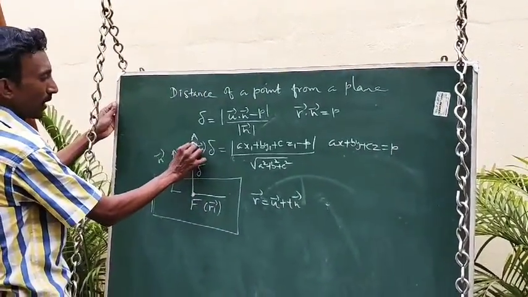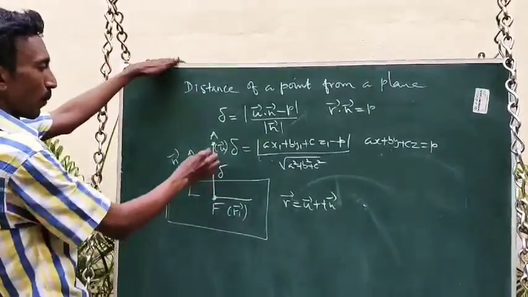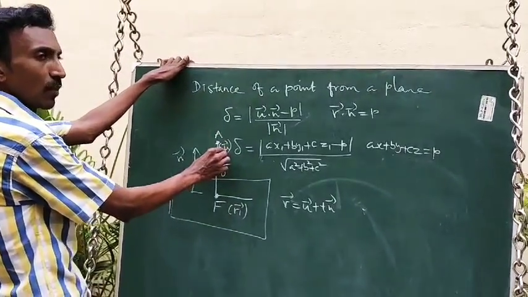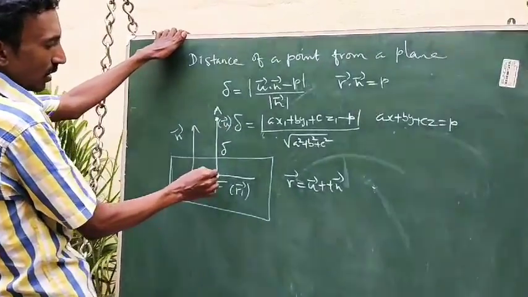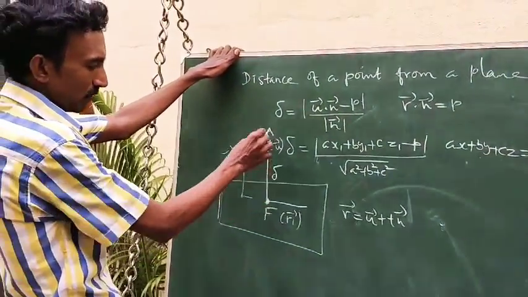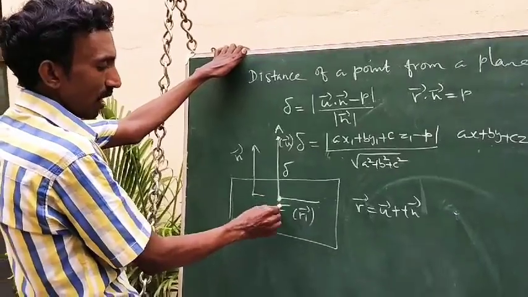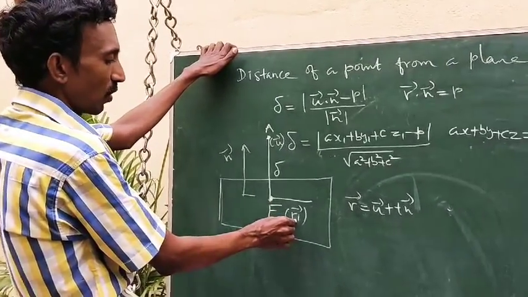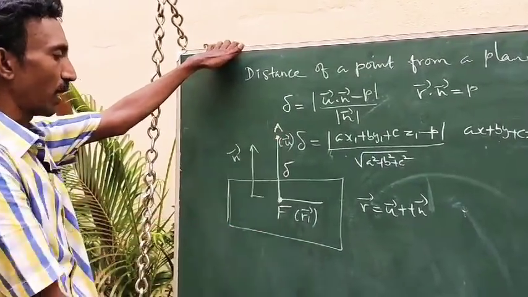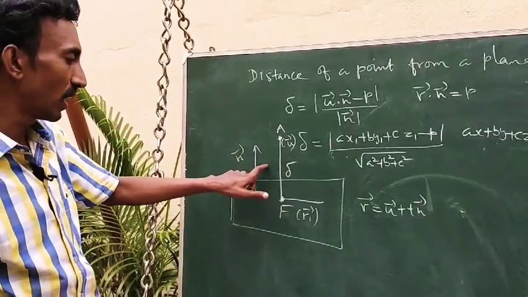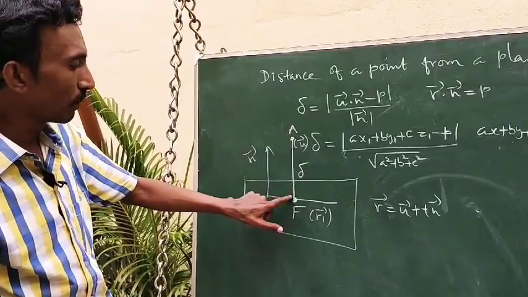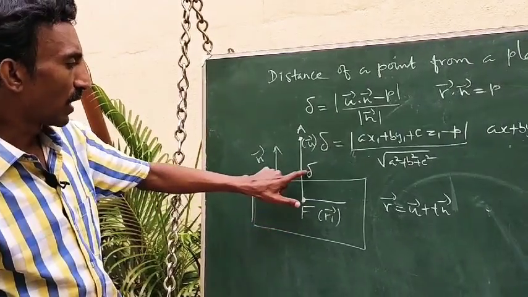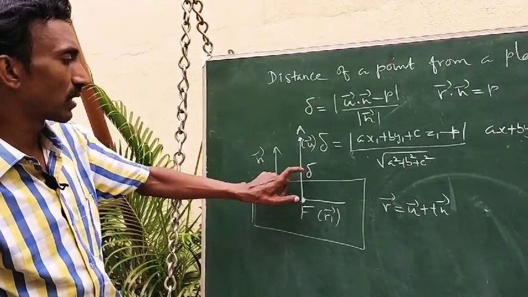Now there is a point A, and the position vector of that point A is denoted by u vector, and the foot of the perpendicular where it meets the plane is F, and its position vector we can consider as r1 vector. Our aim is to find the perpendicular distance between the plane and that point. So draw the perpendicular to that plane and the foot is F. It is delta. Our aim is to find the distance delta.